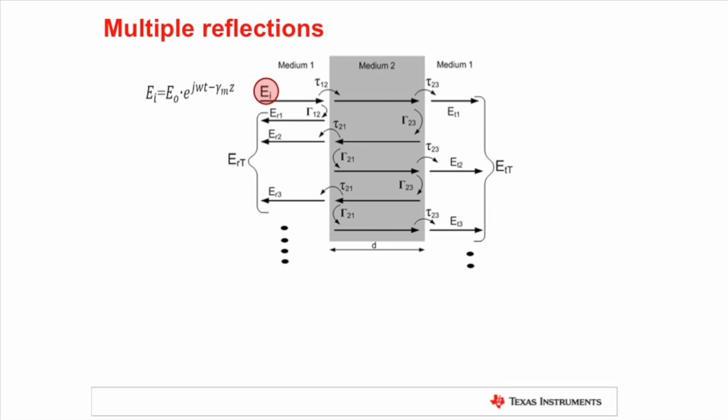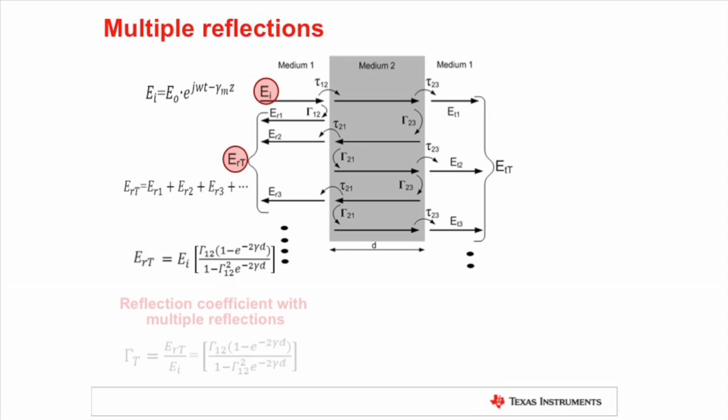With the electric field incident on the first boundary of medium, some of the field will get reflected and some will get transmitted. The total reflected electric field will be the sum of individual reflected fields. It is given by this equation. Here, gamma 1,2 is the reflection coefficient from medium 1 to medium 2.